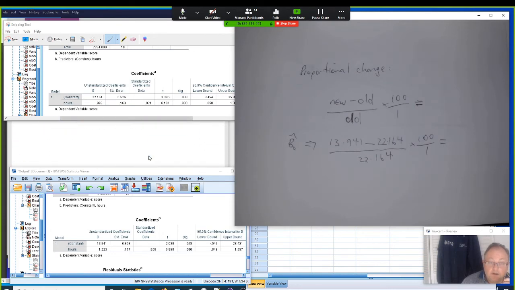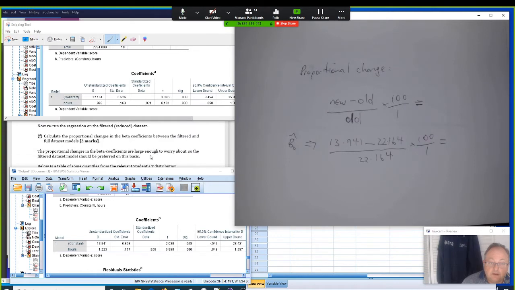Coming back to this particular problem, we've got to do some manual calculation and calculate the proportional changes between the filtered and unfiltered. Yes, it does matter, because that says that there's a pretty big reduction of minus 37%. Notice I didn't say an increase. I said a reduction.